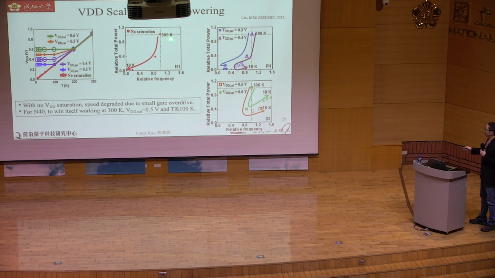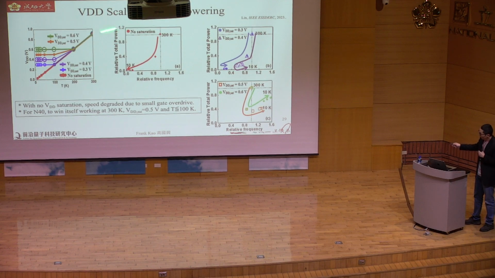Here, we took the reference at 300K. So this is the corner we want to reach because we can have a lower power but higher frequency. So if you scale VDD down linearly, you can save power, but you significantly sacrifice your operation speed because you don't have sufficient bias to increase the current.